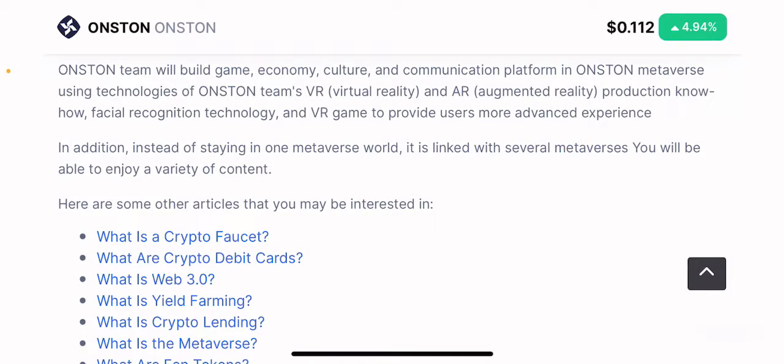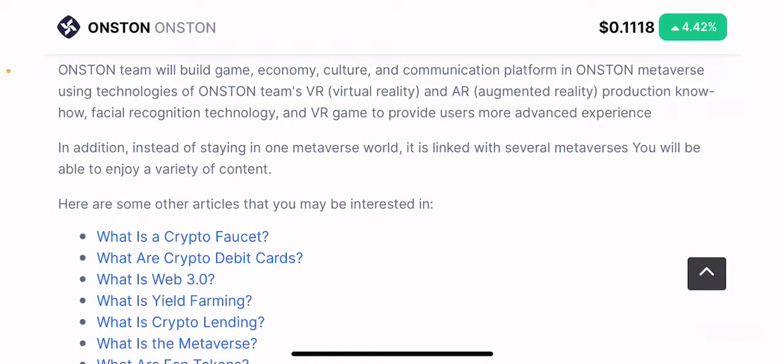So with regards to the tools that they're going to use to achieve this goal, Onston is basically using virtual reality (VR) as well as augmented reality (AR), whereby they are building this game which also includes the economy, culture and communication platform that will enable some of the most advanced technologies such as facial recognition technology as well as VR game to provide users the most advanced experience, right? That's a really good thing because we don't really have a lot of projects doing exactly this.